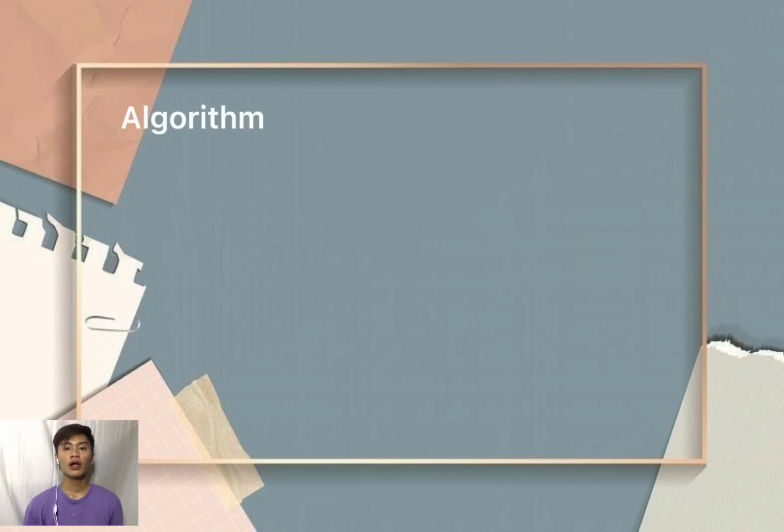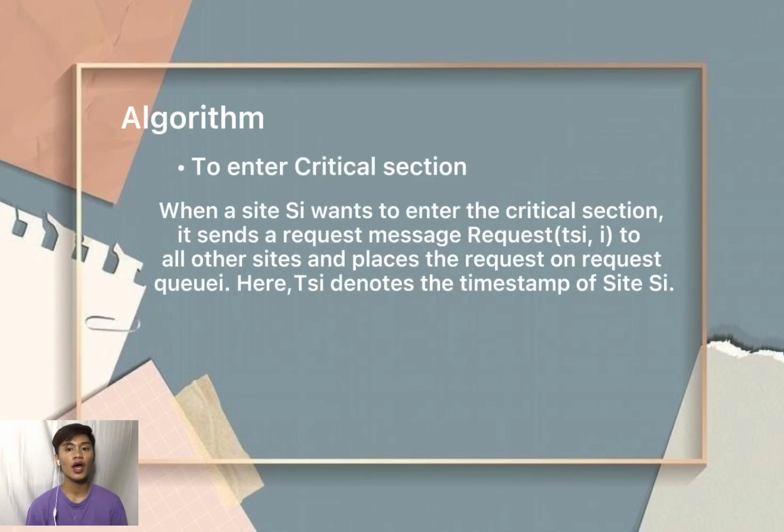In the algorithm, to enter the critical section, when a site Si wants to enter the critical section, it sends a request message to all other sites and places that request on its request queue. Here, TSi denotes the timestamp of site Si.